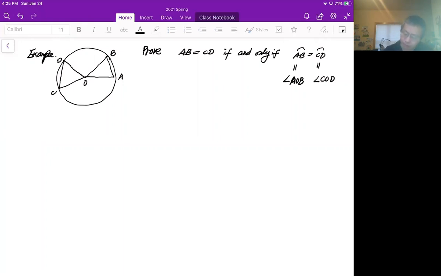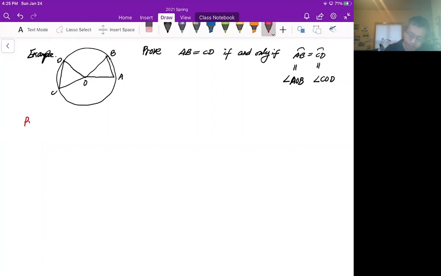So first of all, let's quickly prove it. If I have AB equals CD, then I can say that this is equivalent to triangle AOB being congruent with triangle OCD.